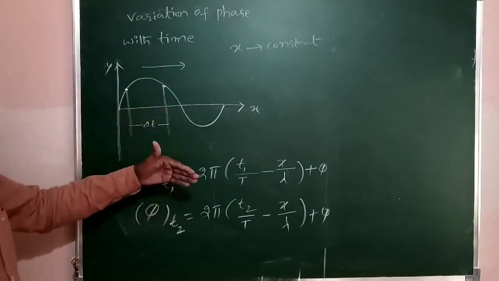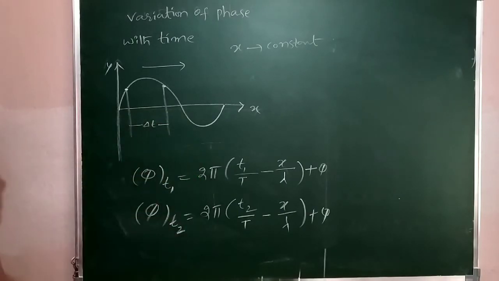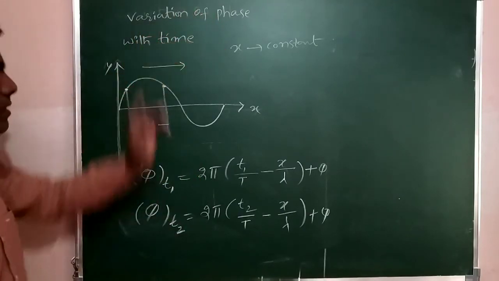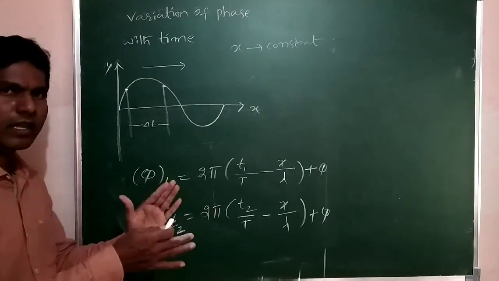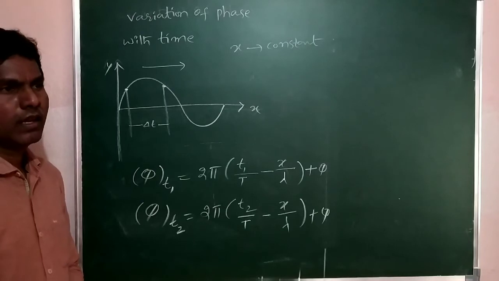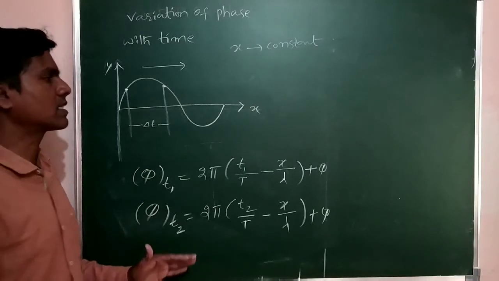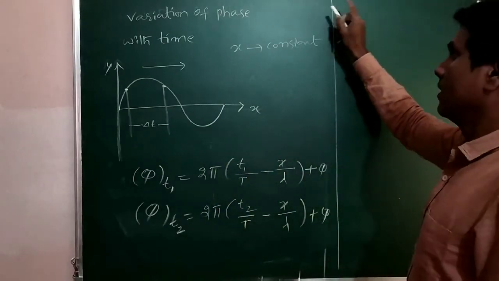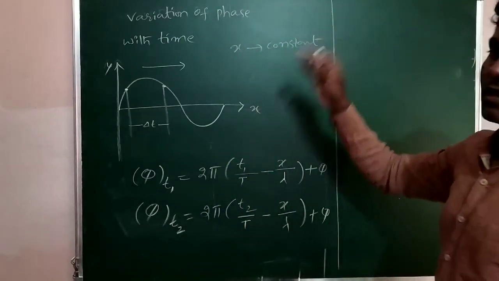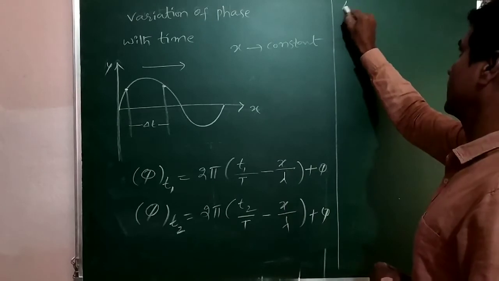So what we have to calculate here? Variation of phase with the time. Time is not constant here. Only the distance of the wave pulses is constant. Variation of phase is nothing but the difference of phase.